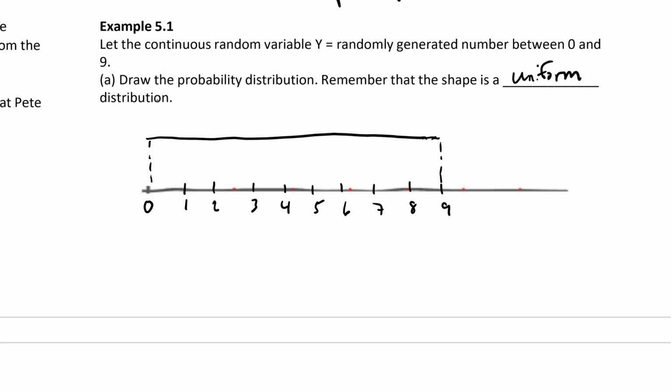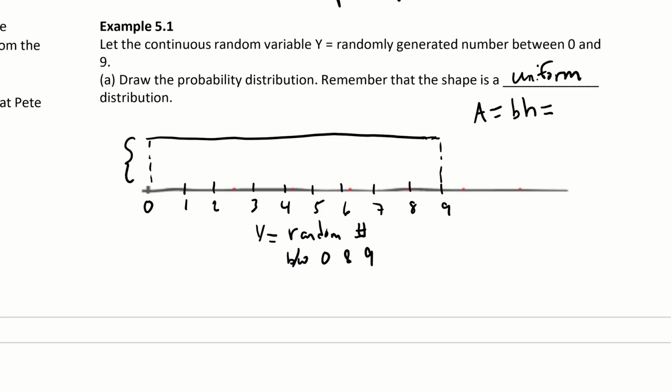Now we need to figure out what the height of this is, but we know that the x value is equal to y, which is the random number between 0 and 9. Okay, so now we know that the area of a density curve has to be 1, right? Now we've got ourselves a rectangle, so the area of a rectangle is base times height, okay?